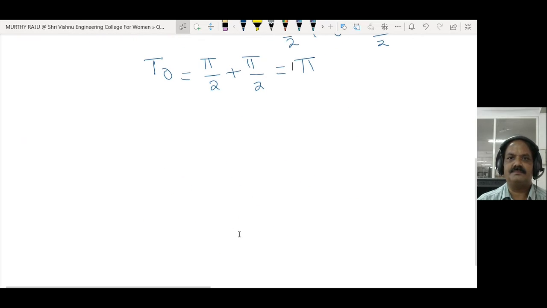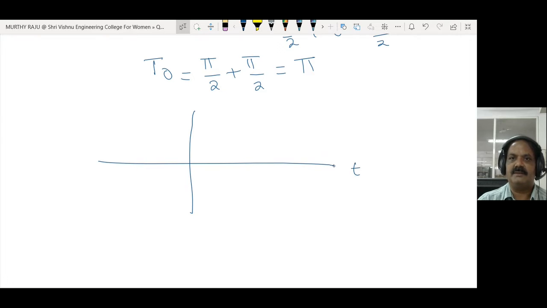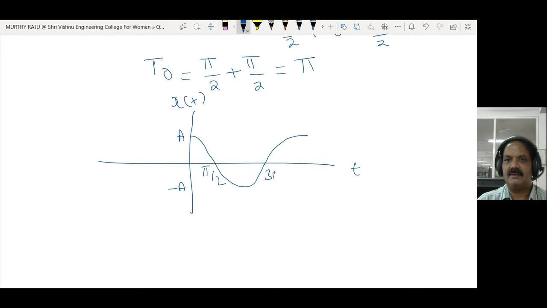Next is the fundamental equation. Find the fundamental equation of the cosine function. Consider one cycle. This one is A, this one is minus A. Here is pi by 2, next is 3 pi by 2, then 4 pi by 2, which is 2 pi.